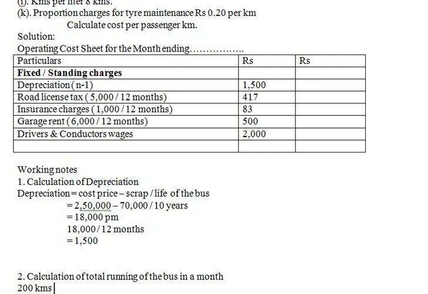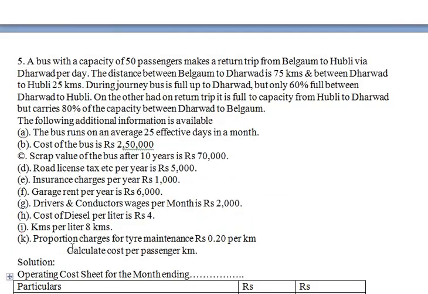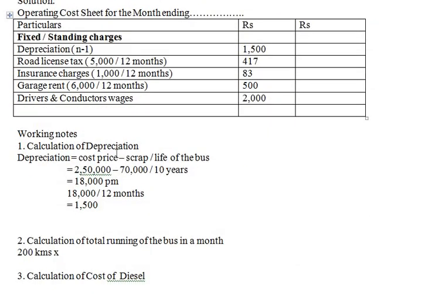You can write here: calculation of total running of the bus in a month. In the very first point they have given that the effective working days is 25. So the effective days in a month is 25, and here we need to take 25 days.